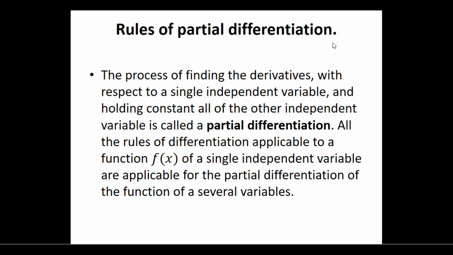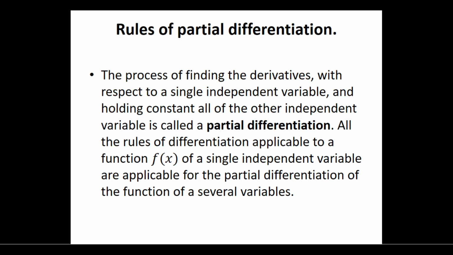Rules of partial differentiation. The process of finding the derivatives with respect to a single independent variable and holding constant all other independent variables is called partial differentiation.